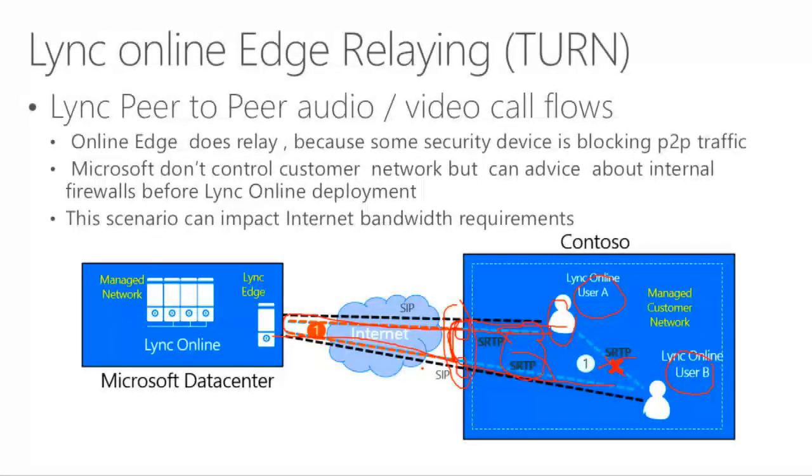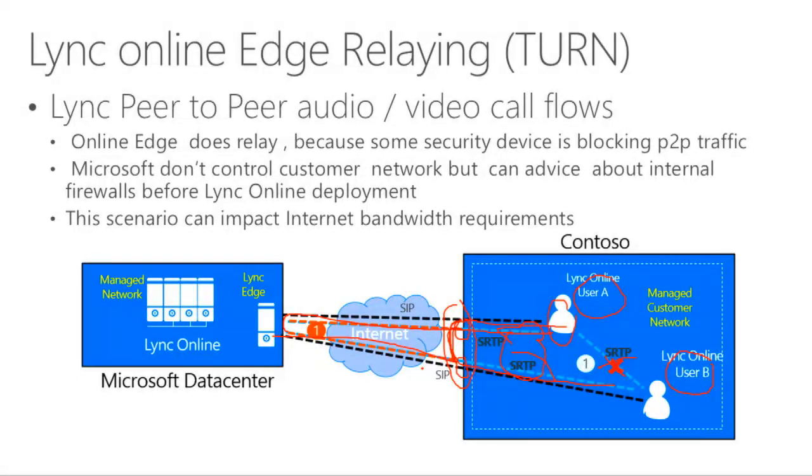If we already have the consideration about the internet, and the consideration about my network, and we don't pay attention to this, we are going to add this issue into my scenario. So this is not good. This is going to impact the internet bandwidth requirements.